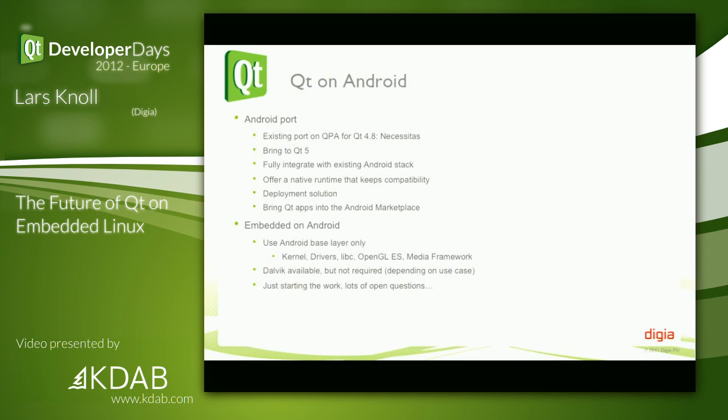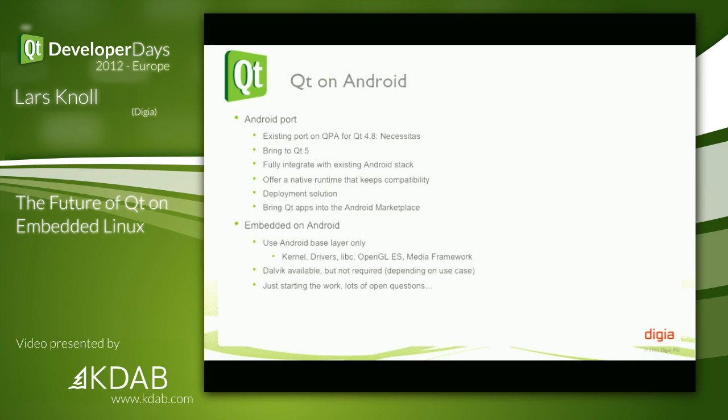The problem is, for many use cases, you don't want the whole Java Dalvik virtual machine and all the other things. If you want to use Qt, we actually don't need all that much from the operating system. We need the kernel, the drivers, libc, OpenGL, OpenMax, the media frameworks, and a few other things. So our idea now is to see, can we use that base layer only and put Qt directly on top of it?